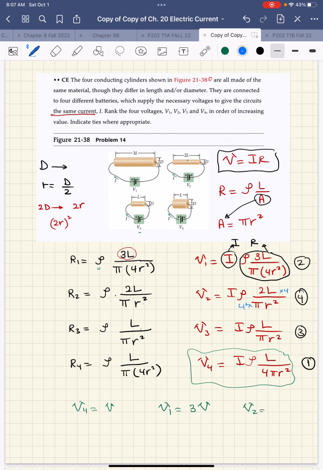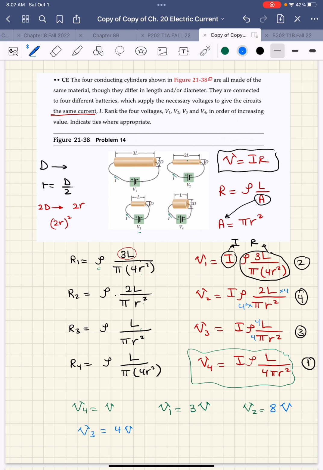Then V2 is going to be 8 times V. And finally, V4 is V, then I'm done. Which one did I not do? V3. Again, if I multiply here by 4, here by 4 to make them similar, then this is going to be 4V.